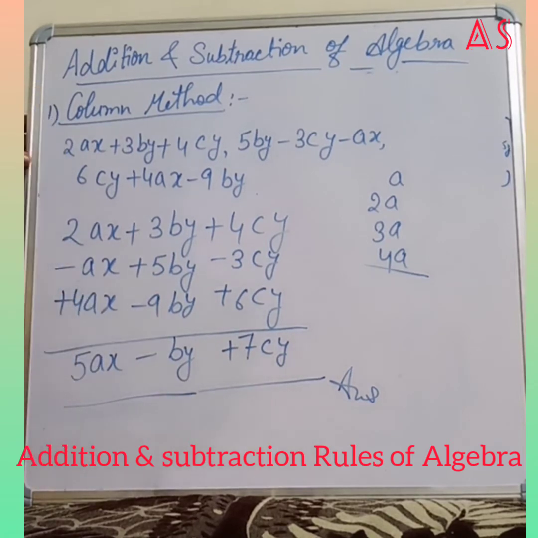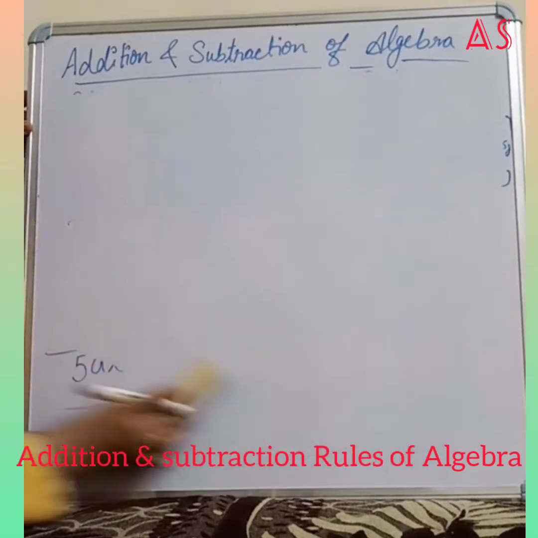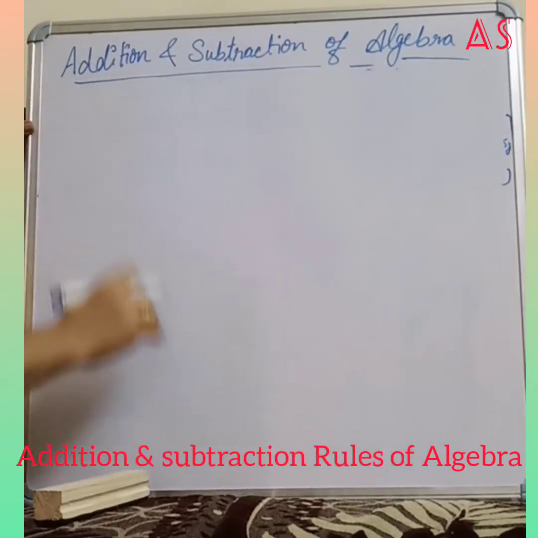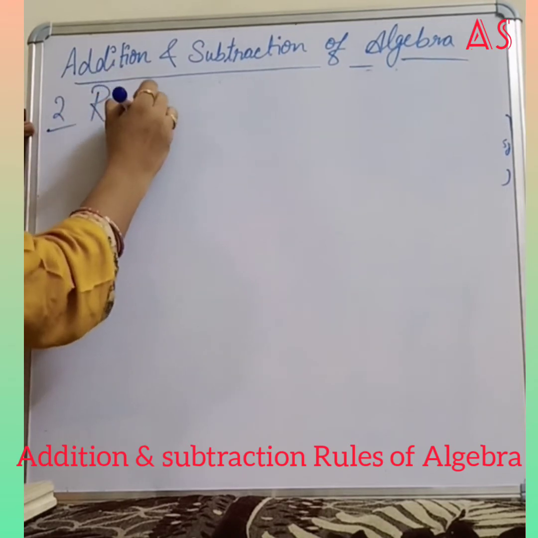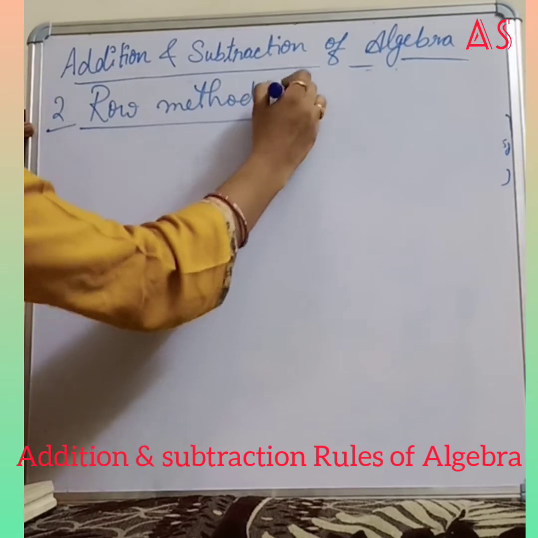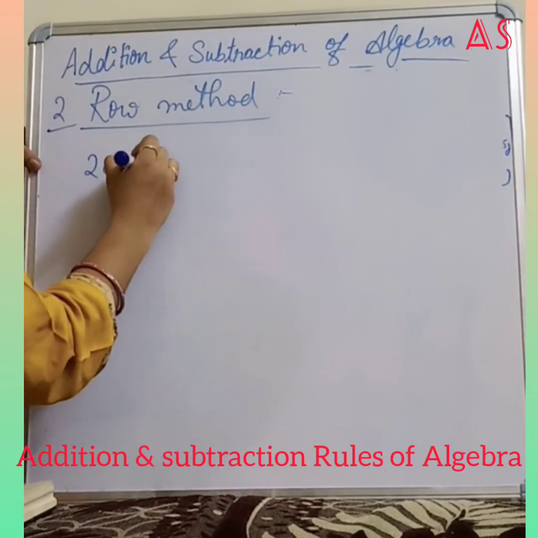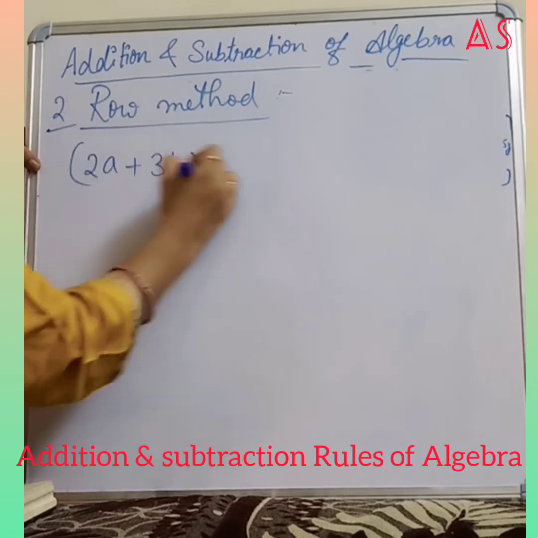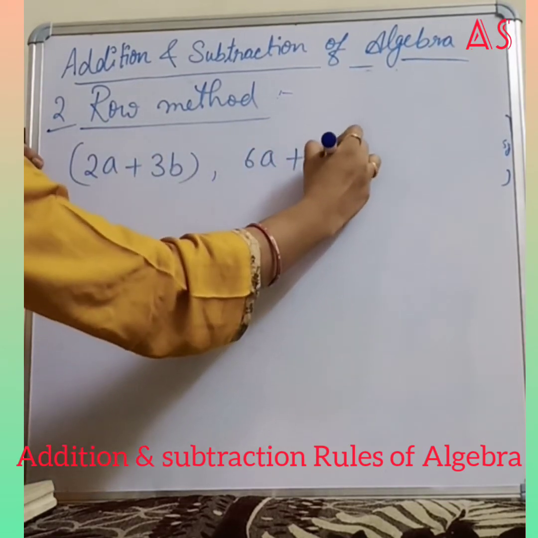Now the next method is the row method. The second method, number 2, is the row method. Row method is simple. 2a plus 3b and 6a plus 2b.